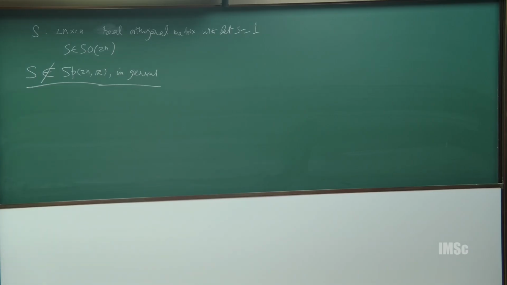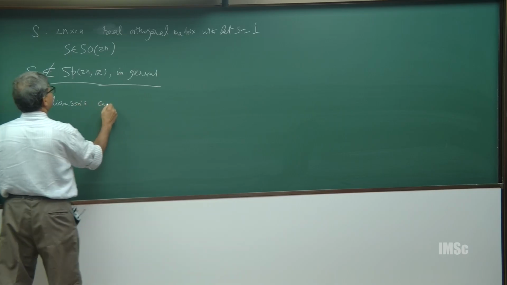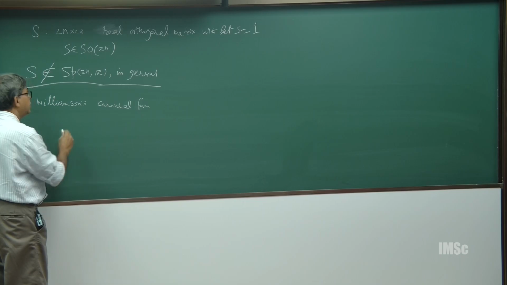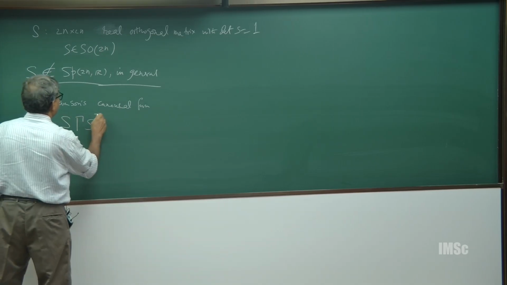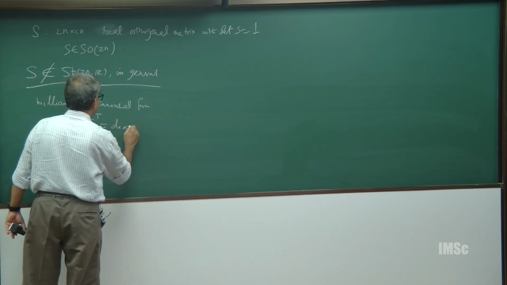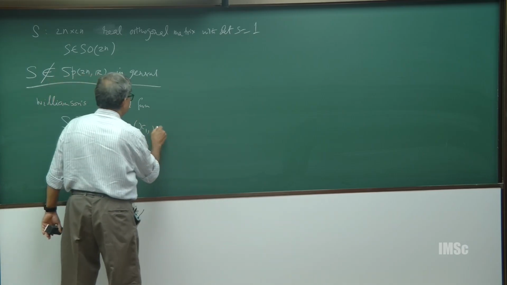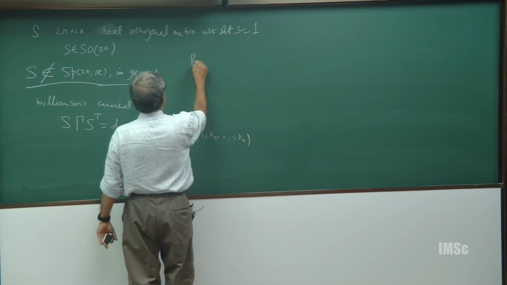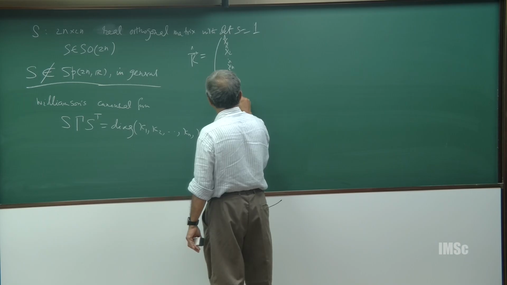Now, why is this important? Because we have considered Williamson's theorem, Williamson's canonical form, where if I take a symplectic transformation S and apply it on a covariance matrix and then apply the transpose, I can in principle figure out a symplectic transformation so that this becomes kappa 1, kappa 2, kappa n. Here I have used the permuted version, where my notation is x 1, x 2, x n, then p 1, p n.